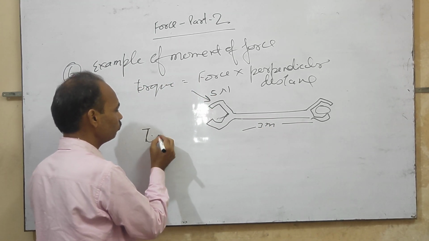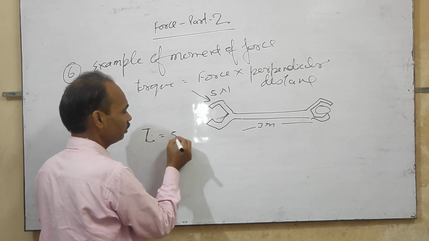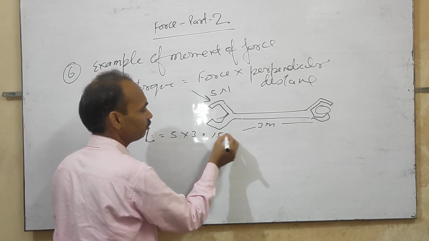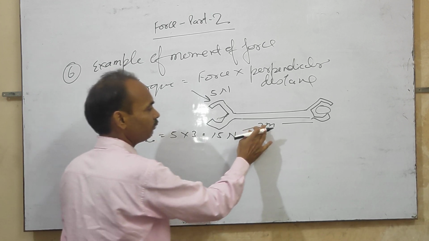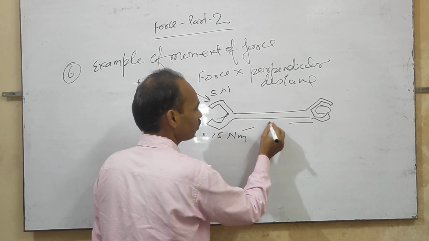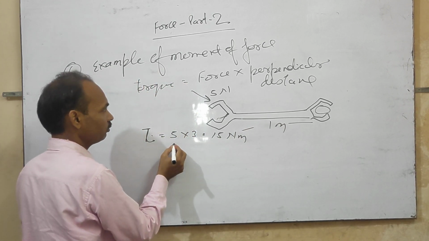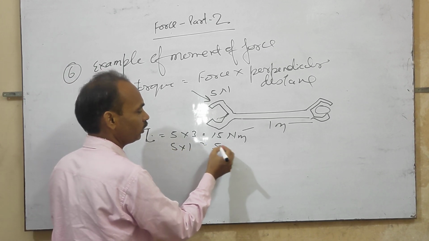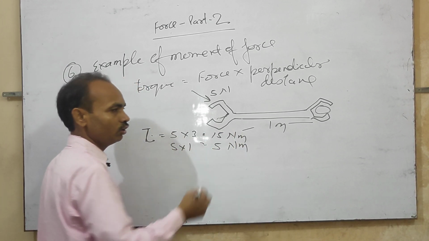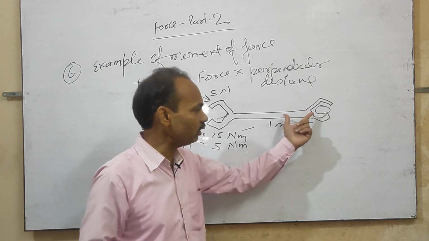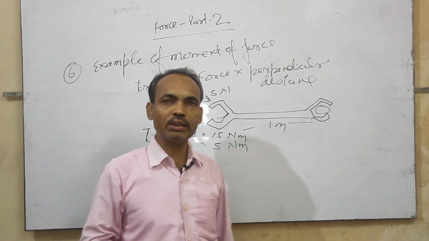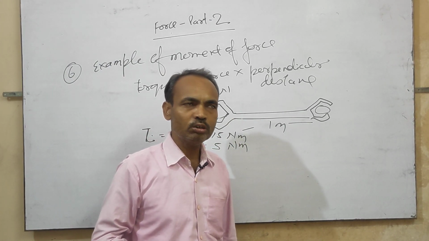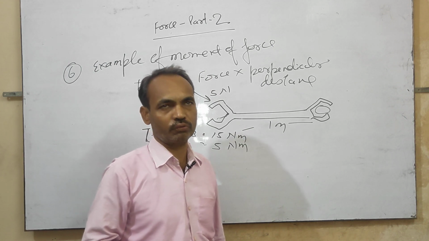Torque, tau, means force into distance, which is 15 Newton meter. And if this is only 1 meter, then force 5 into 1 is equal to only 5 Newton meter. So the handle of the spanner is kept long to need the least force.